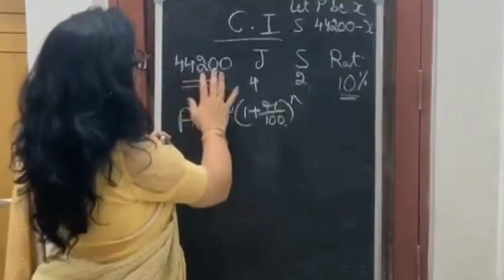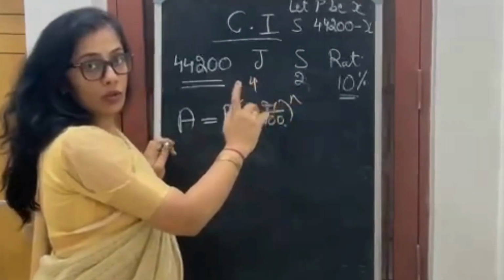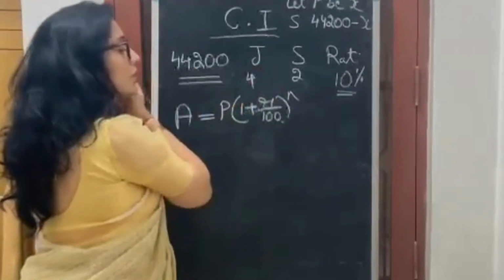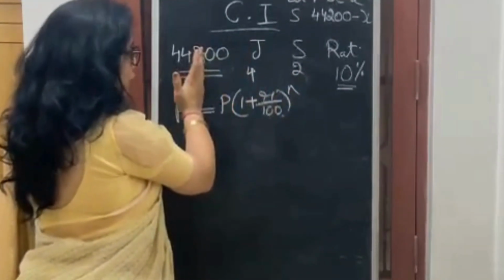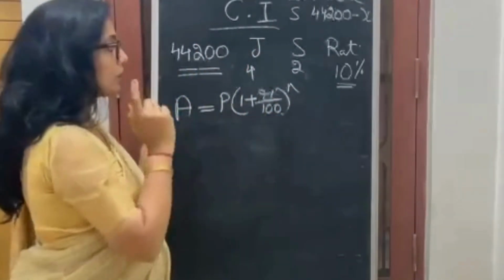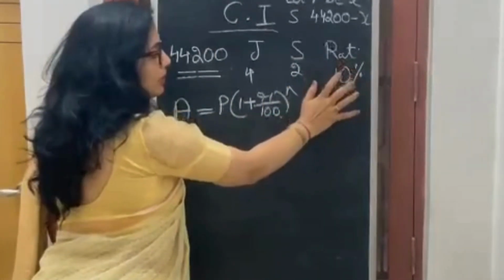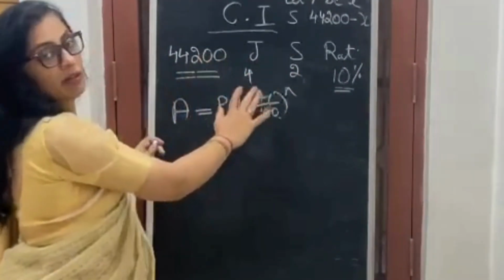So 44,200 is the principal and it has to be divided among John and Smith, where John is 12 years old and Smith is 14 years old. When they both are 16 years old, they both will get the same amount. And the investment is at 10% per annum. So how will we find out what was the principal that was given to them?